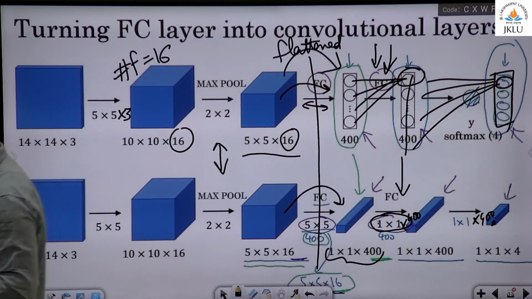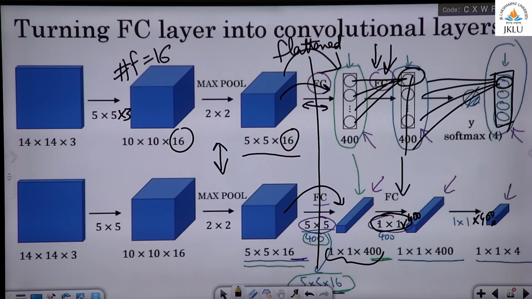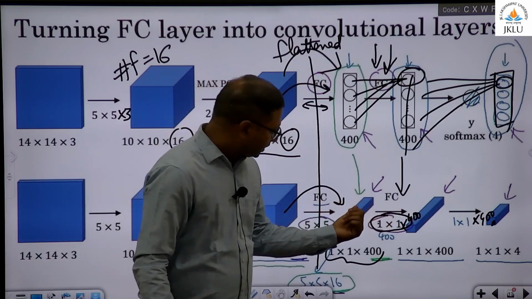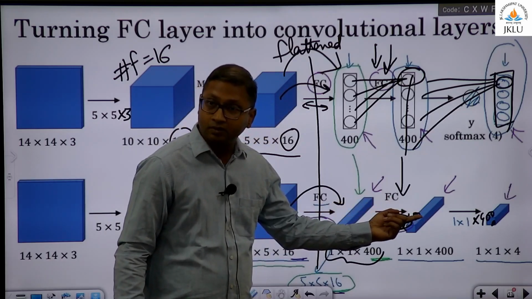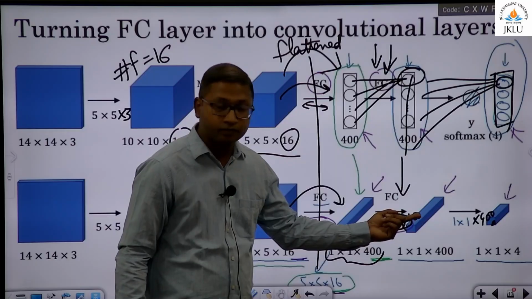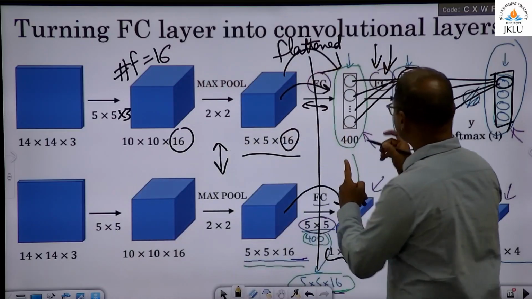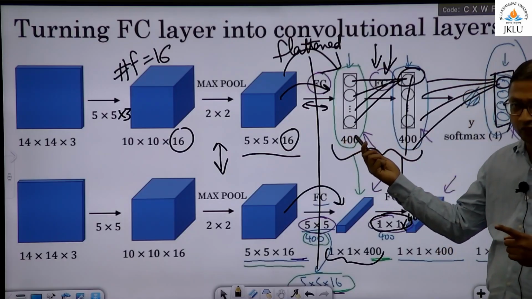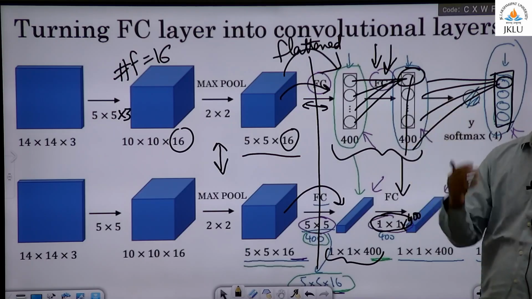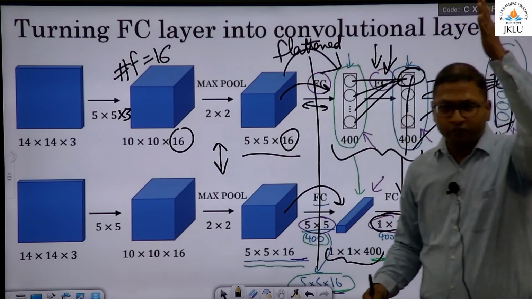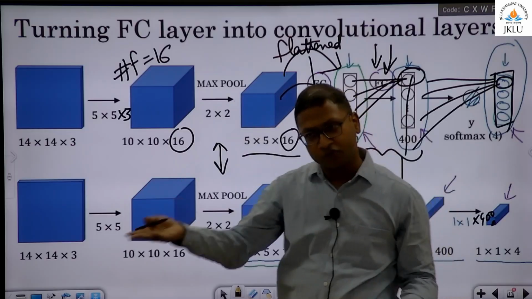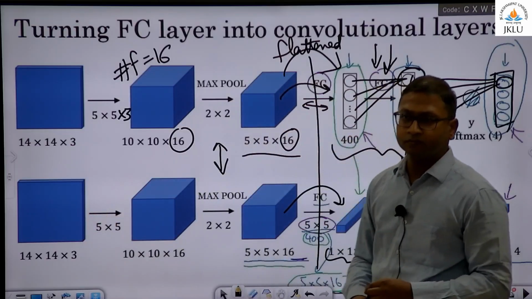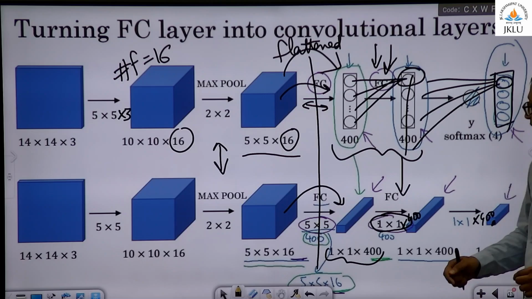More questions here. This and this. That question lies here. Why do you need two hidden layers of size 400 and 400? This is your choice. I mean, you will see many papers with 4096, 4096, 4096. So that's what we said.